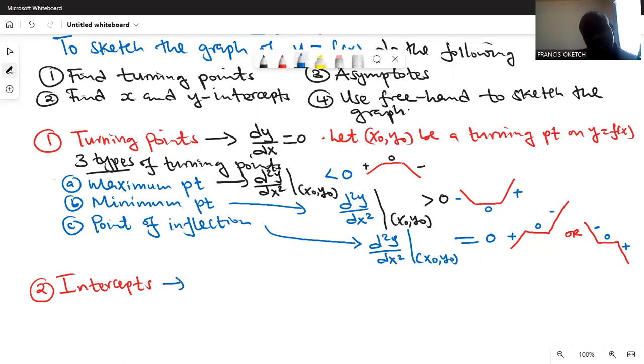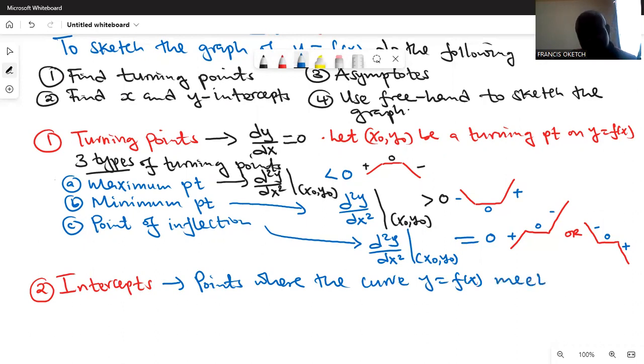Intercepts are simply points where the curve meets, or intersects, the axis.